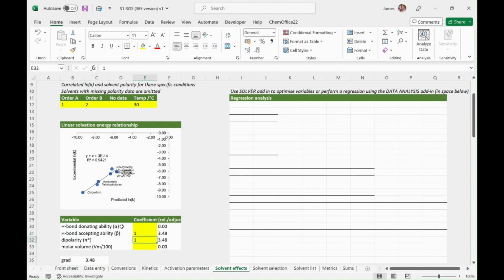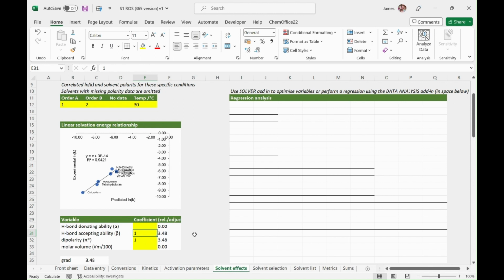So we might want to try both parameters. And this is looking very good now. So our experimental rate constant can be derived as a function of the dipolarity of the solvent and the hydrogen bond accepting ability. Now this is only an approximation, we're just entering different coefficients. They are adjusted on the right of the yellow cells.